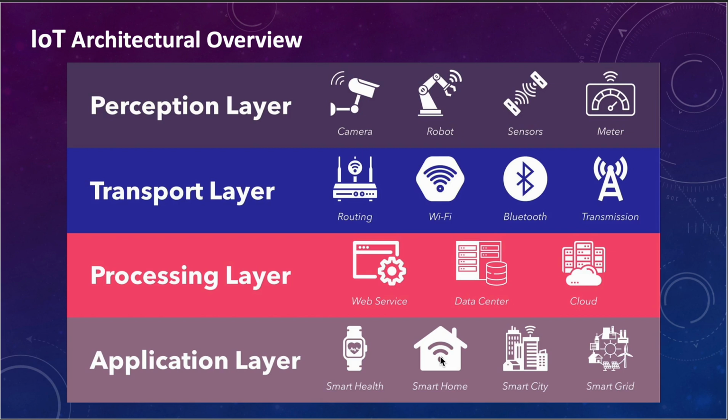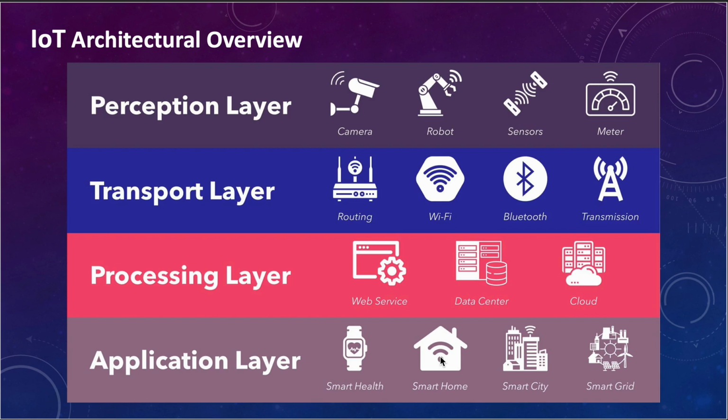Building an IoT system would include the perception layer, transport layer, processing layer, and applied layer. The collection of these four layers will create the entire IoT system, right? Which will solve a problem, improve decision making, automation, and so on.